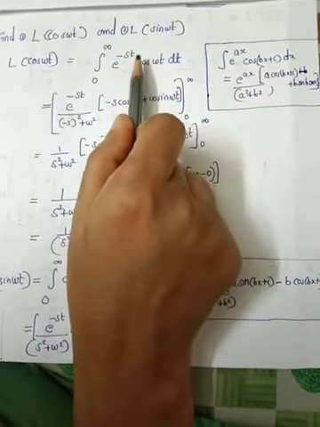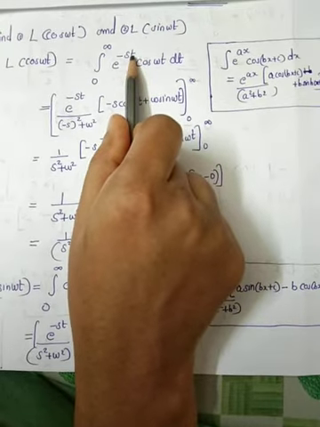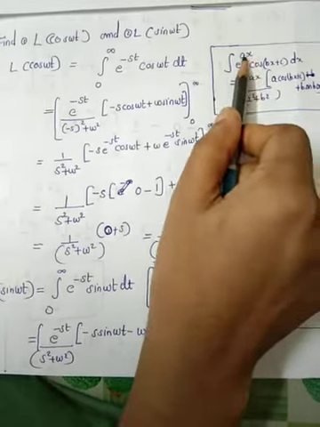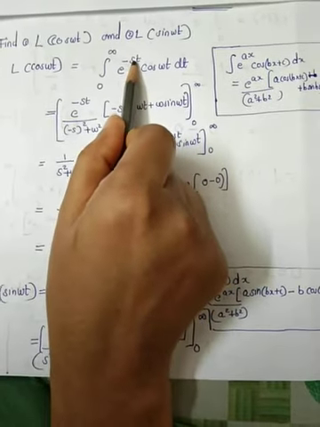Here instead of the variable x, the variable is t, and the coefficient of x is a, here the coefficient of t is s.